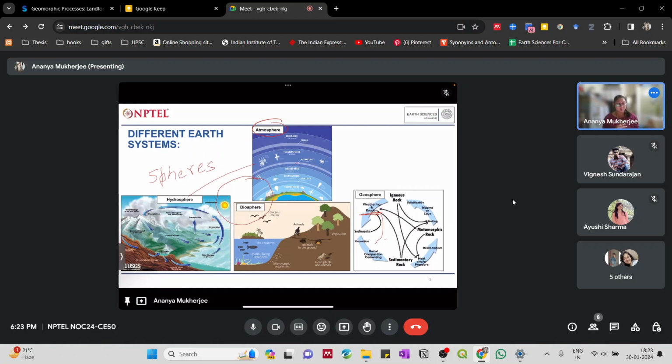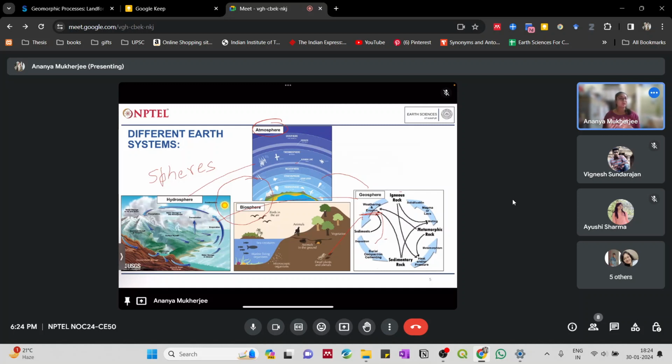Now, the geosphere has to interact with the atmosphere as well as the hydrosphere and biosphere. Atmosphere, due to the presence of wind. When winds are generated, they act on the earth elements, so the atmosphere plays a role in the geosphere.